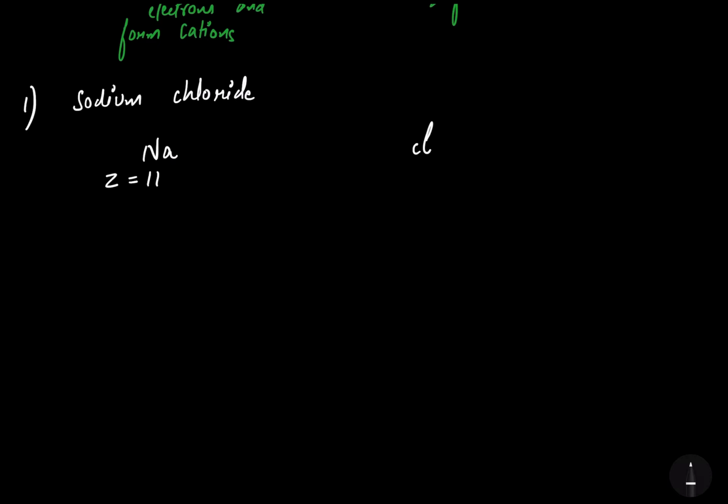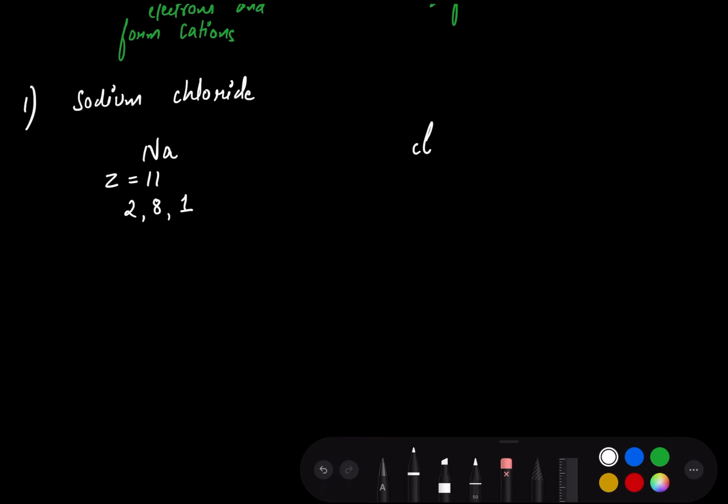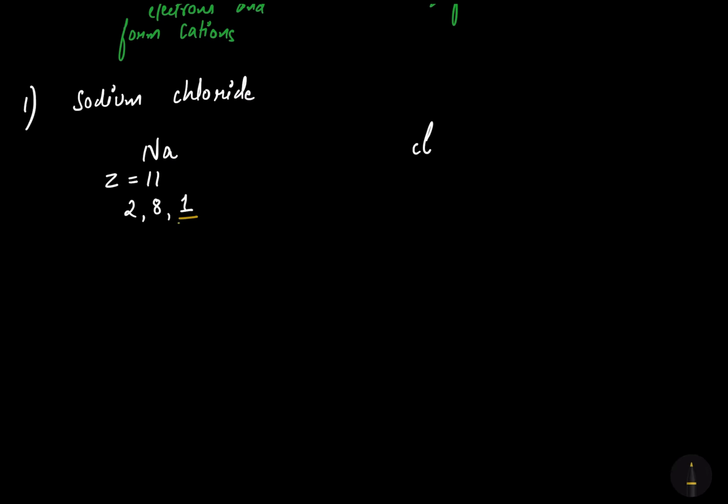Now what's the atomic number of sodium? It's 11. So the electronic configuration of sodium will come out to be 2, 8, 1. Now what will happen? The valence shell, or the outermost shell for the sodium, is the third shell.